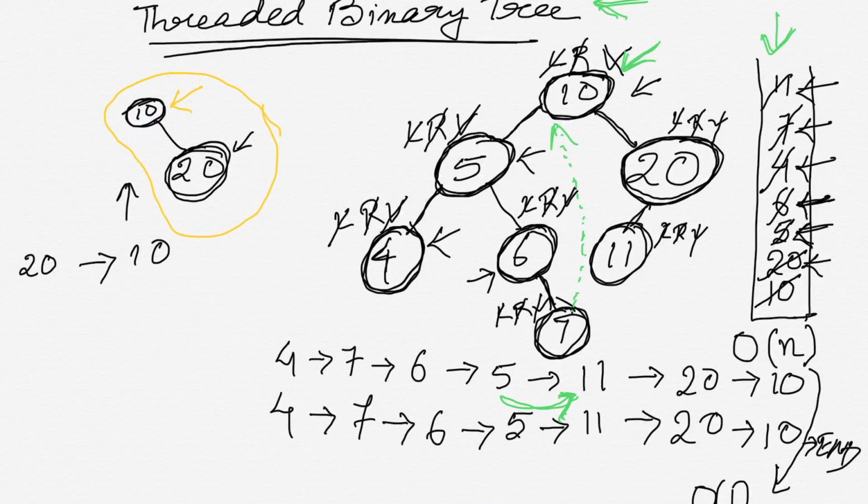For 7 we have the right child as null. So how about we modify the right child and point that to the successor node. So here 10 is the in order successor for 7.